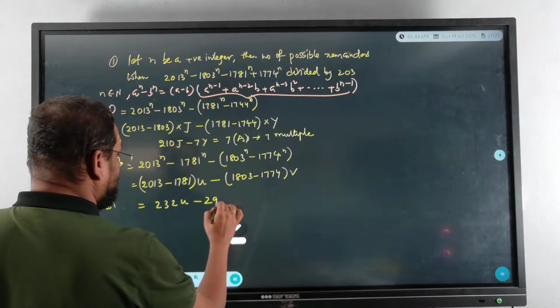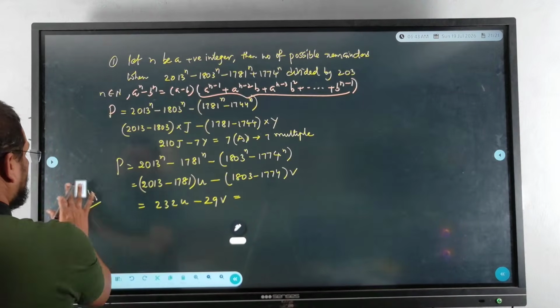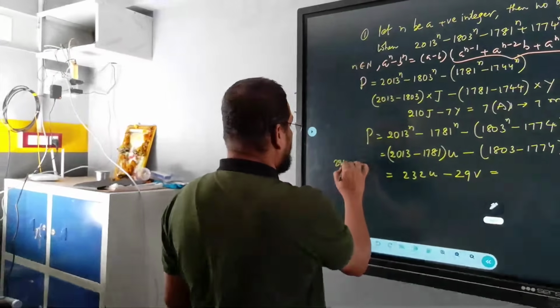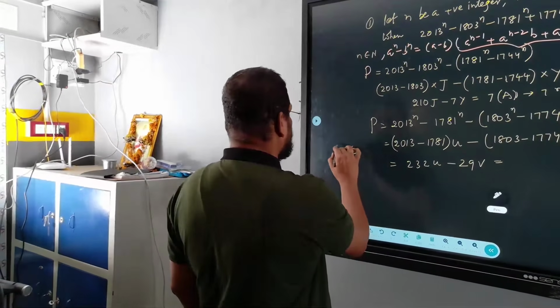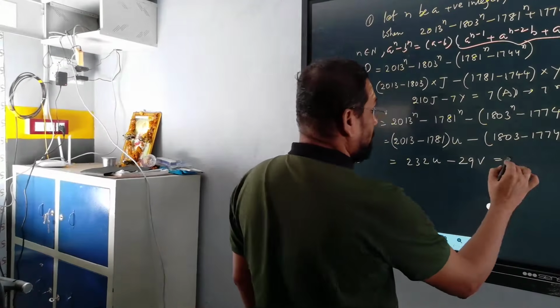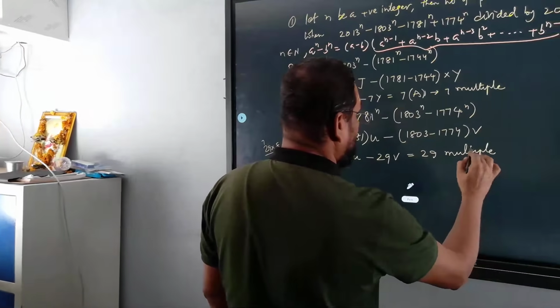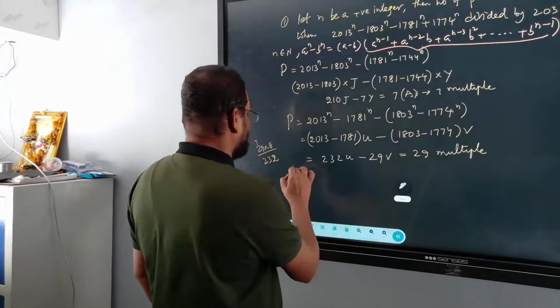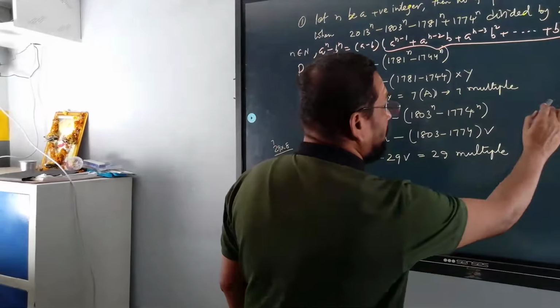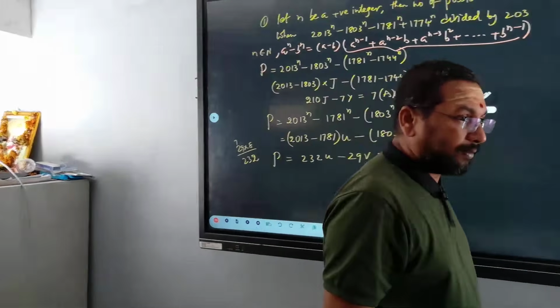So 29v. Is it divisible by 29 or not? See here, 29 times 8 is 232. So it is a 29 multiple. P is a 7 multiple as well as P is a 29 multiple.